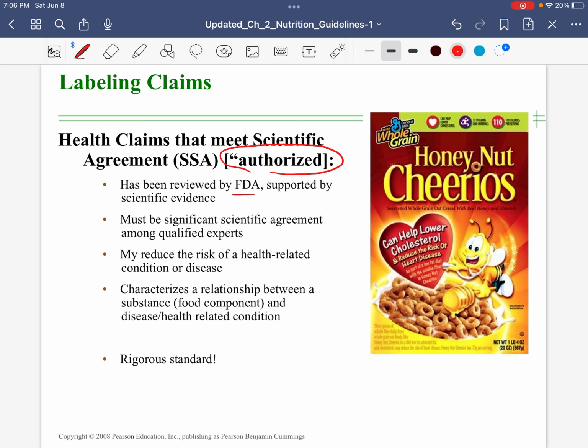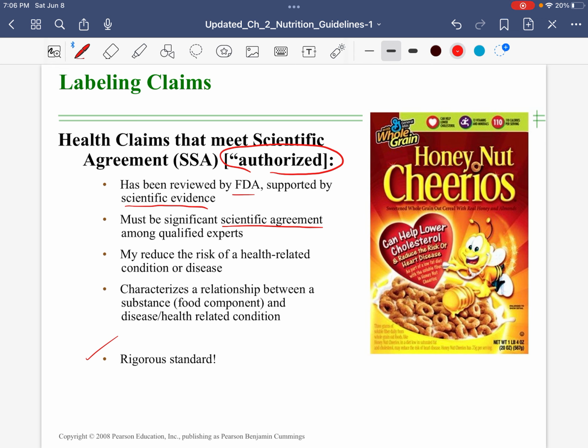In other words, it's been reviewed by the FDA, supported by scientific evidence using a scientific method. There is scientific agreement among experts in that field. This is a rigorous standard. It's not just ho-hum. There has been significant scientific agreement in studies that show this to be true. An example here, can help lower cholesterol.